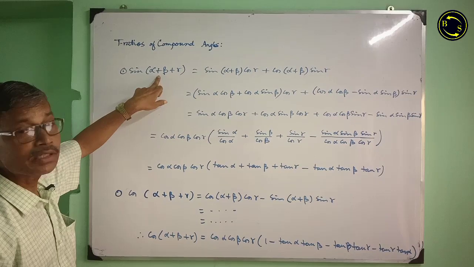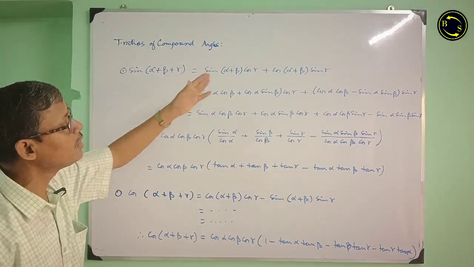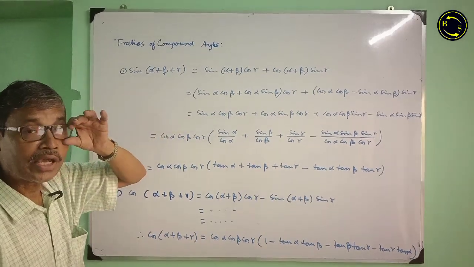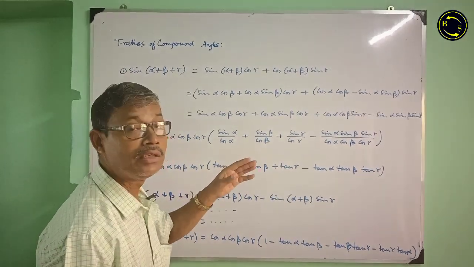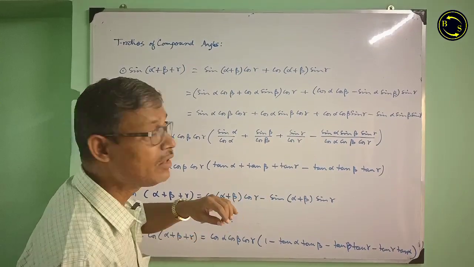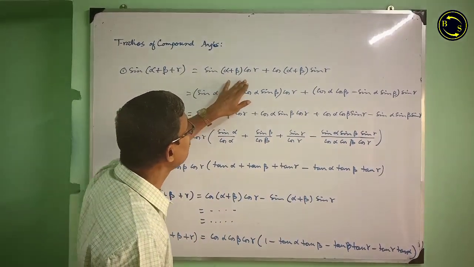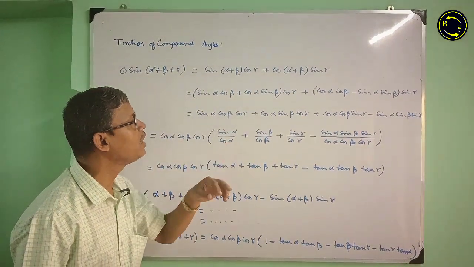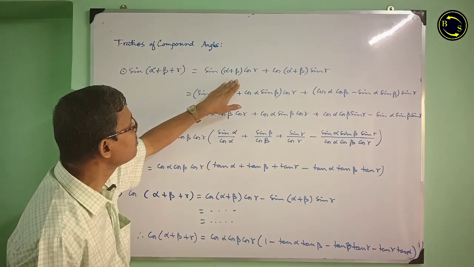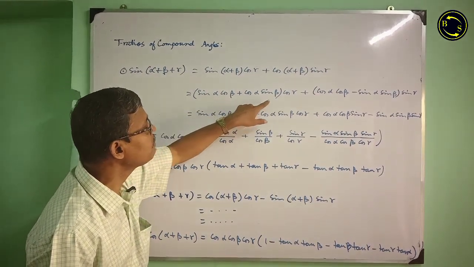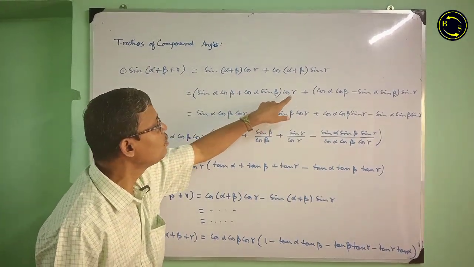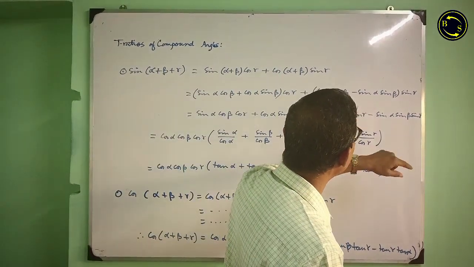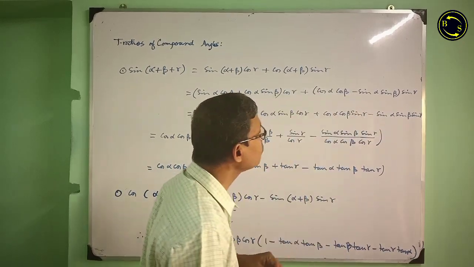We can take alpha plus beta as one angle and gamma the other angle. Then applying the previous formula of sine of theta plus phi, sine theta cos phi plus cos theta sin phi, we write this one: sine of alpha plus beta into cos gamma plus cos of alpha plus beta into sin gamma. Now for sine of alpha plus beta, sin alpha cos beta plus cos alpha sin beta into cos gamma, and for cos of alpha plus beta, cos alpha cos beta minus sin alpha sin beta whole into sin gamma.